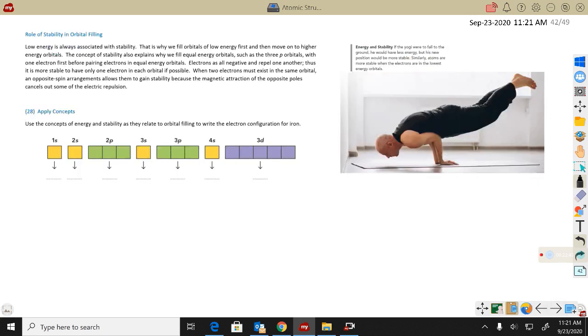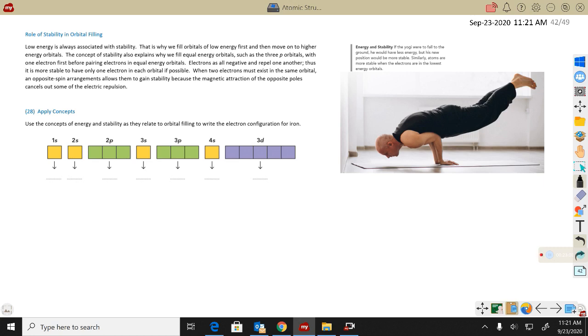So for example, let's try one. Looking at the role of stability in filling these orbitals. We fill low energy to high again. And I think we covered a lot of this. We covered the electrons spinning in opposite directions. We covered the 1 at a time when we get to the P's and D's.